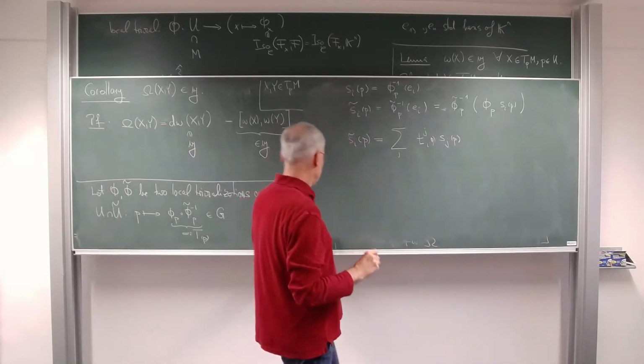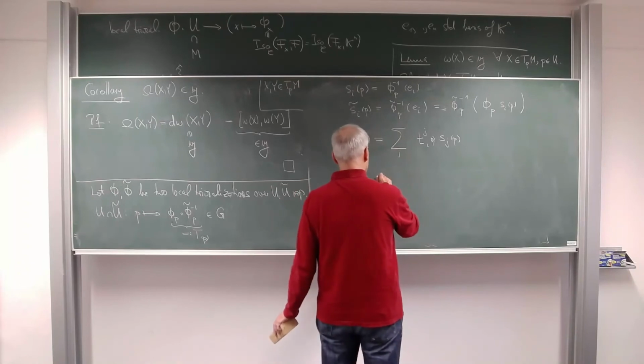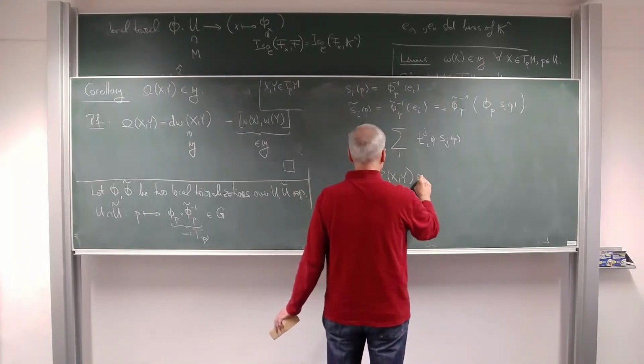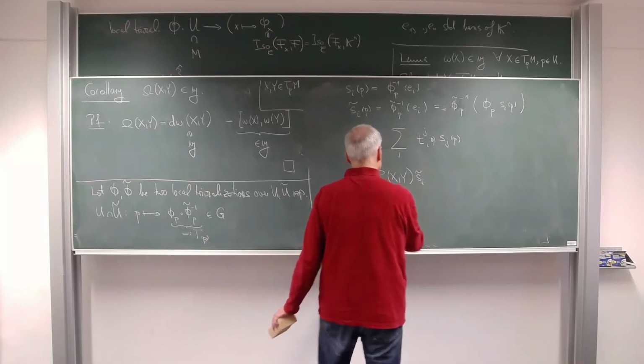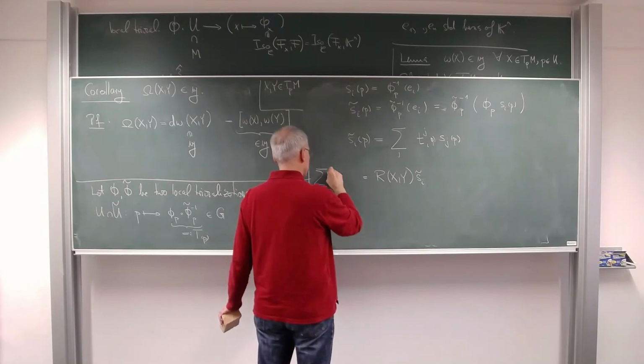And now I can compare my coefficient matrices. So I have R(X,Y) of s tilde, which by definition is the sum of omega tilde(X,Y) s tilde_j.